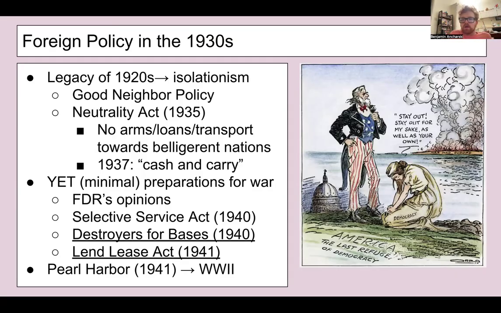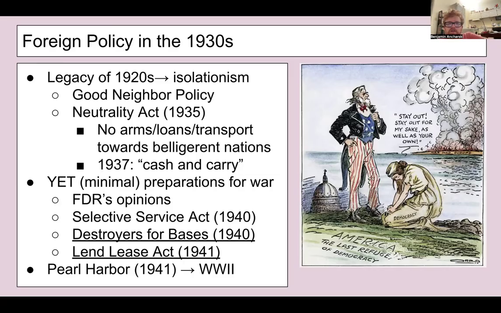Now, the Neutrality Act is going to be passed under FDR's administration. However, FDR is going to look at the rising spread of fascism in Europe, the spread of imperial Japan in East Asia, the rise of the Italian Empire in Africa with Ethiopia, for example. And FDR is kind of thinking, you know what?